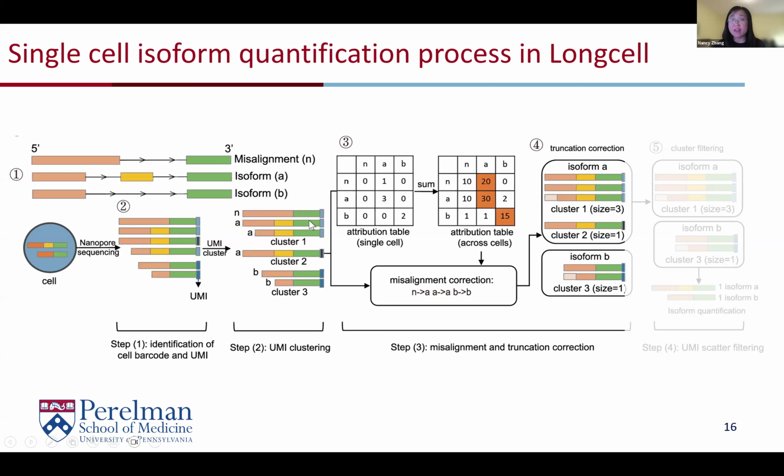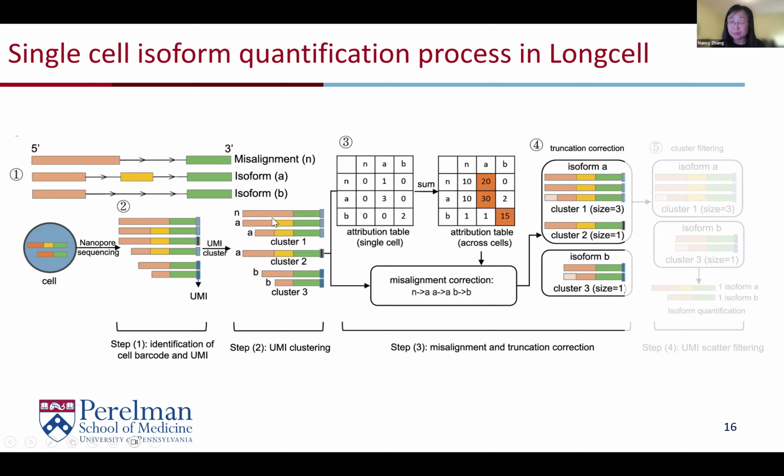And if we think that the error probability is low, then what we expect is that if we do a majority vote within cluster, we should get the correct isoform coming out of it, right? Because we assume that errors, truncation errors or misalignment errors, these should be rare. So this is a truncation error, and that N is a misalignment error.